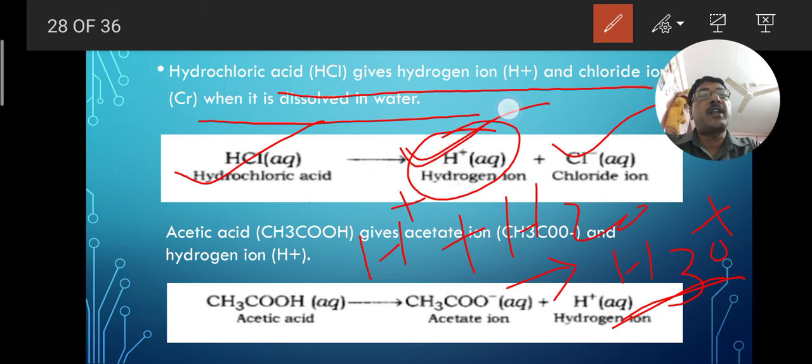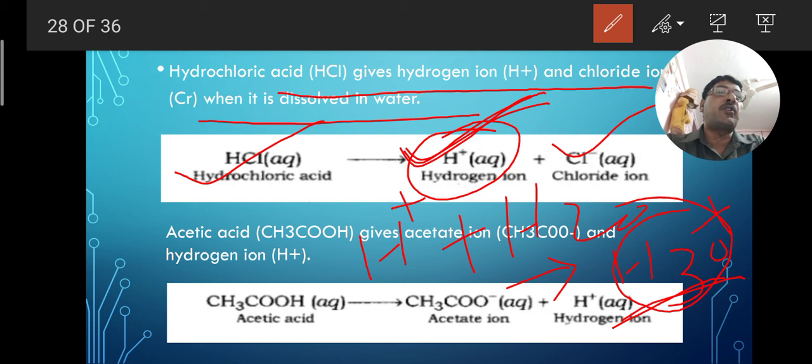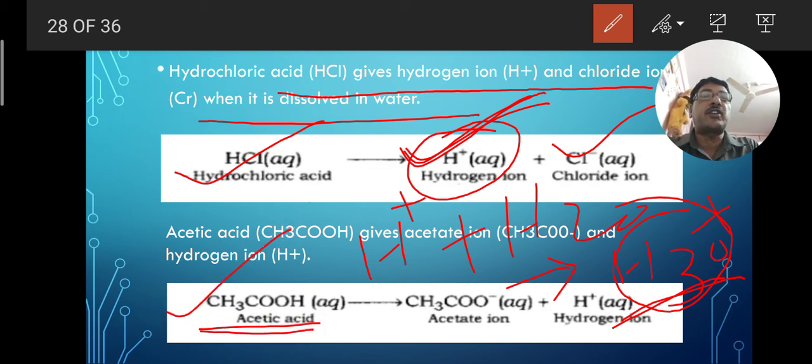Sometimes we show the hydroxyl ion, no, this is the hydrogen ion, not the hydroxyl ion. Hydrogen ion cannot exist independently. That is why it will mix with the water and produce hydronium ion in the form of H3O with a positive charge on it. And in the same way, you take the example of acetic acid. This acetic acid, when dissolved in water, will produce the acetate ion as well as the hydrogen ion.